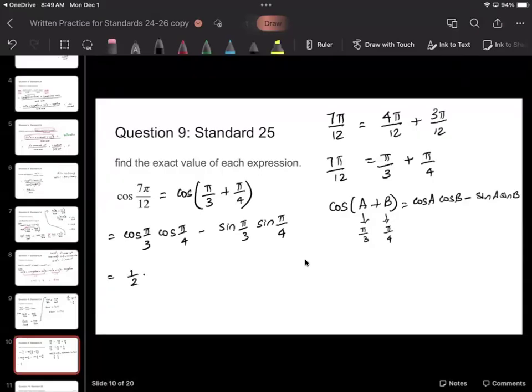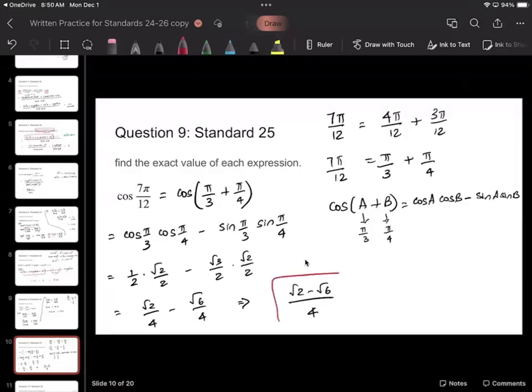Cosine pi over 4, root 2 over 2, sine pi over 3, root 3 over 2, sine pi over 4, root 2 over 2. Simplify: root 2 over 4 minus root 6 over 4. Combine, you will have root 2 minus root 6 all over 4 as your final answer.